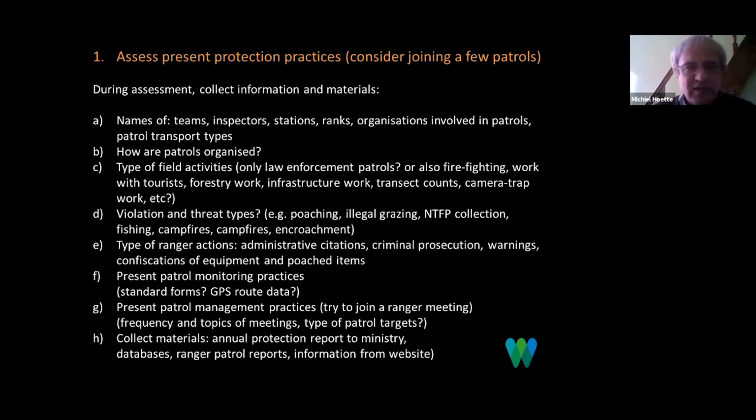Because it's obvious when a patrol team goes out and does some forestry work, they're less effective in catching violators. So you have to know how much the difference is in the effectiveness from a patrol perspective when they do different types of work.